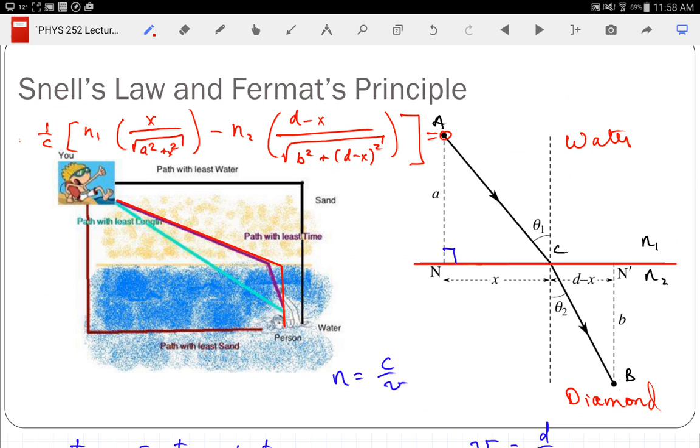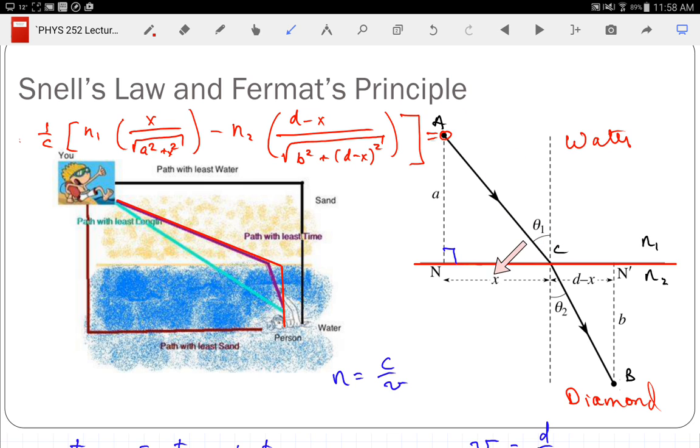Well, if you look at our picture, can you see a substitution for x divided by the square root of a squared plus x squared? If you look here, notice this distance right here is x, and this distance here is the square root of a squared plus x squared.